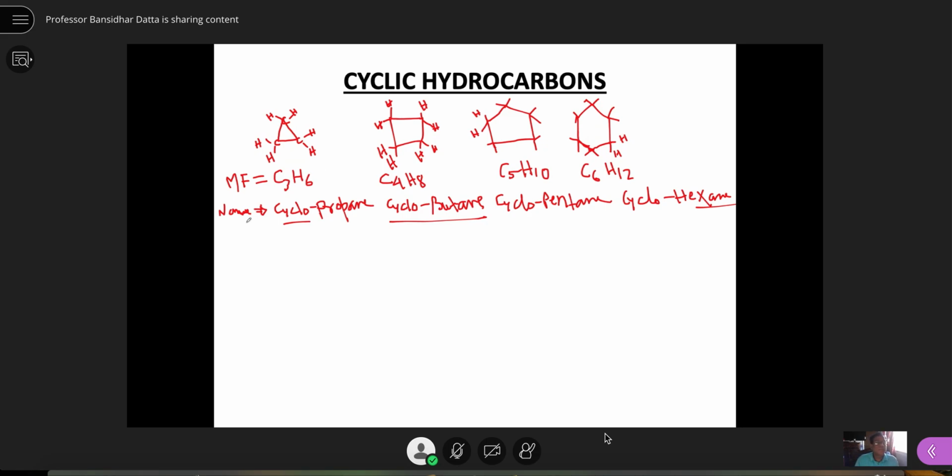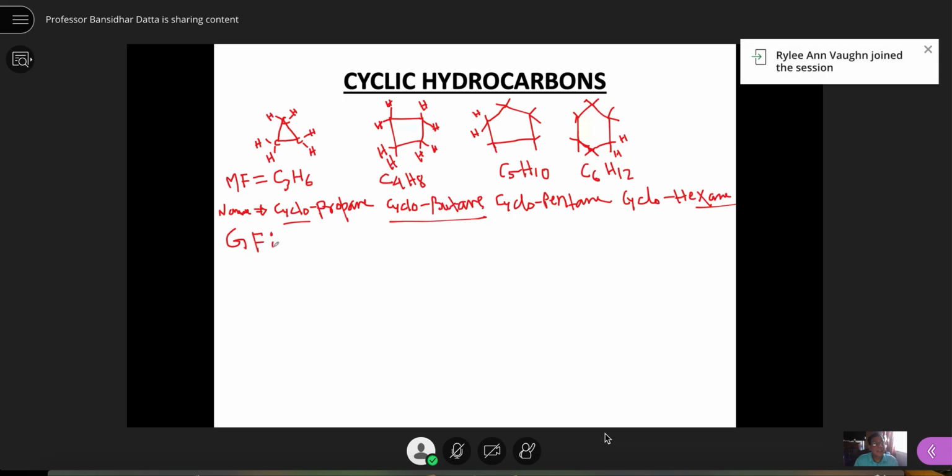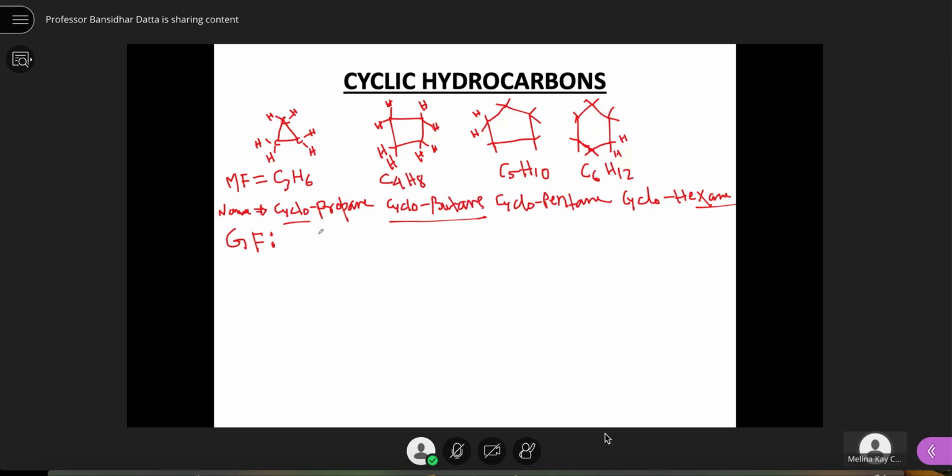General formula of saturated cyclic hydrocarbon. CnH2n. Excellent. Very good. n is the number of carbon atoms.